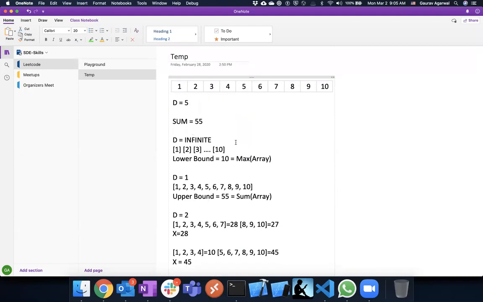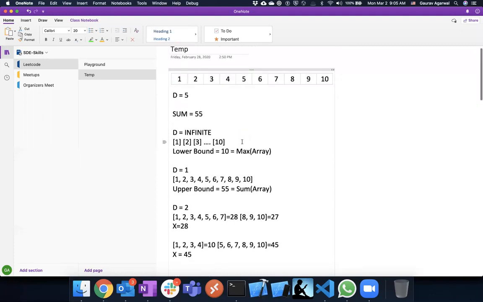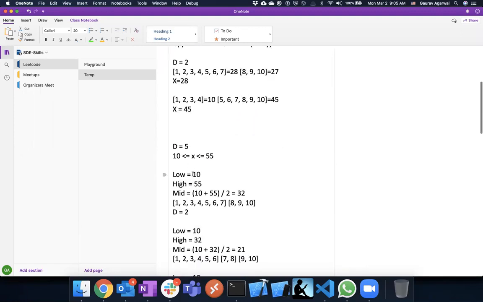Okay. Brute force approach can be, see, we still have to consider that either we are going to ship one package in one day, or we have to ship all the packages in one day, in which case D is equal to infinite. So we know the lower bound, we know the higher bound. There is no denying that.